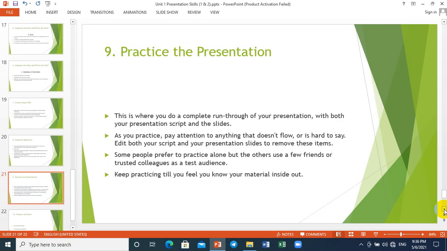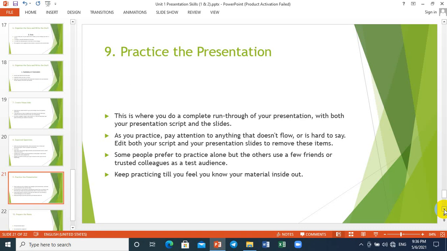And step 9, practice the presentation. This is where you do a complete run-through of your presentation with both your presentation script and the slides. So when you practice, you need to use both the script and the slides that you prepared for your presentation.